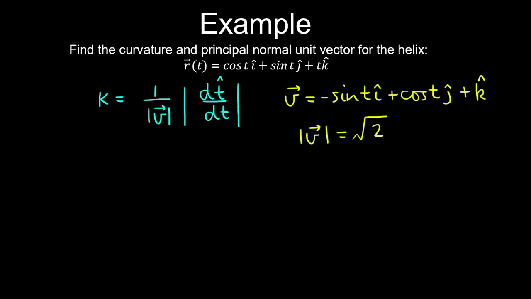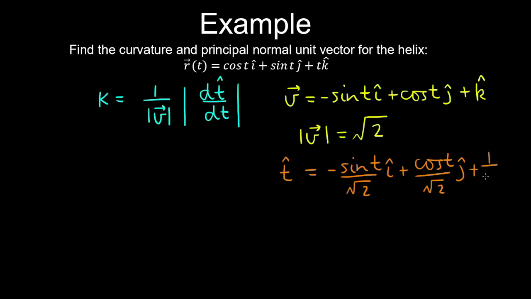And from this, we can determine the tangent vector, which is the velocity vector on its magnitude. So that gives minus sine t on root 2 in the i direction plus cosine t on root 2 in the j direction plus 1 on root 2 in the k direction.